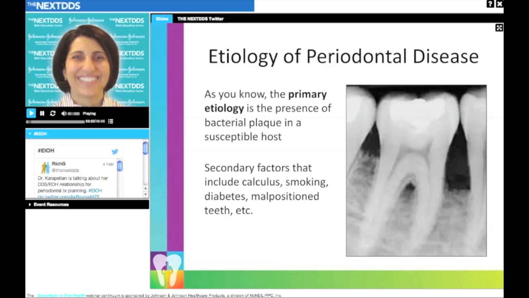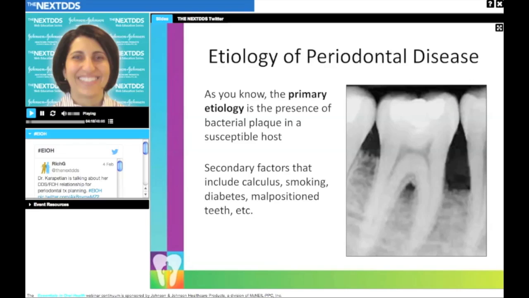The gram-positive bacteria, we would like to be at a higher level than the gram-negative, because those are the types of bacteria that keep the gram-negative at bay. So over time, the gram-negative bacteria start increasing in numbers, and unfortunately in patients who have periodontal disease, the gram-negative bacteria begin to cause destruction.